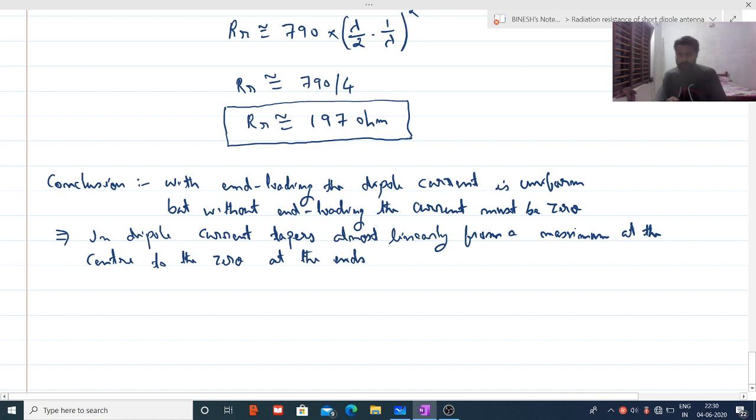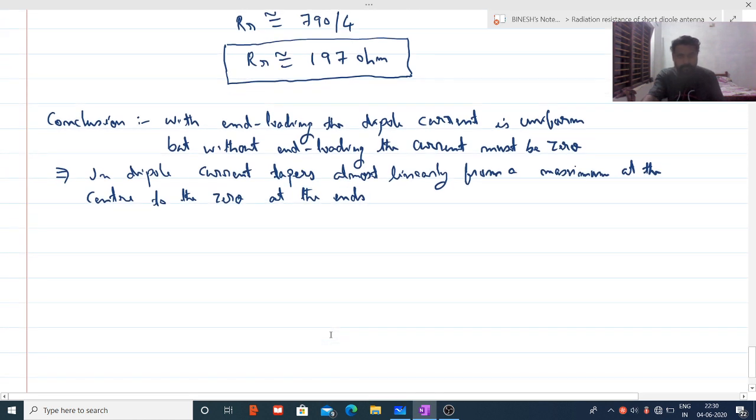So that I will draw here. With this conclusion, with end loading the dipole current is uniform, but without end loading the current must be 0. That is, in a dipole the current tapers almost linearly from a maximum at the center to 0 at the ends. This is a dipole antenna having length L equal to lambda by 2.